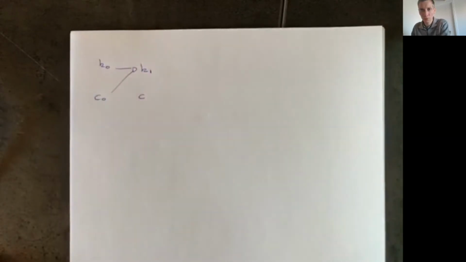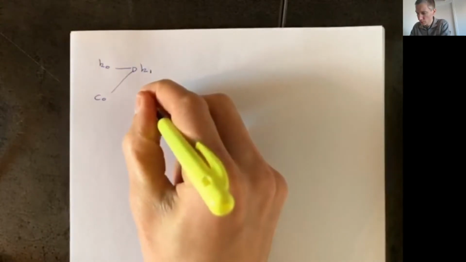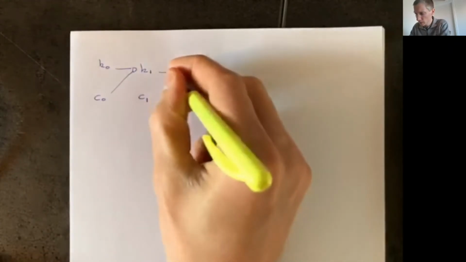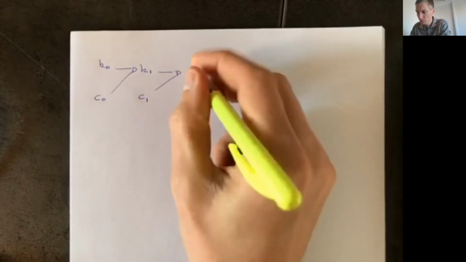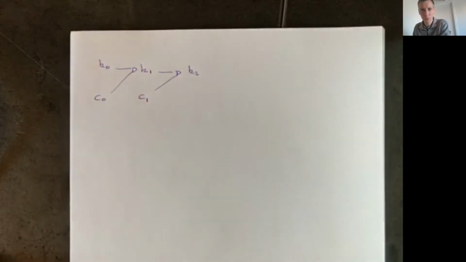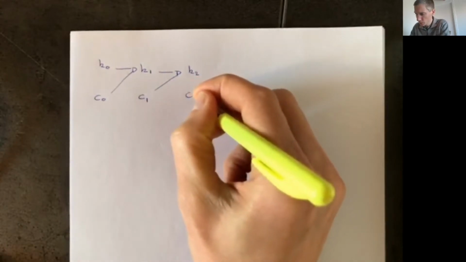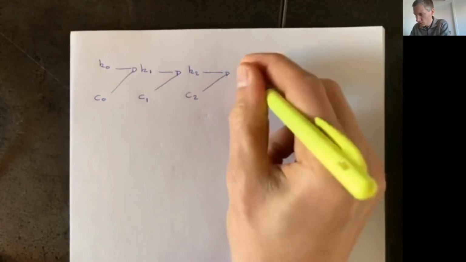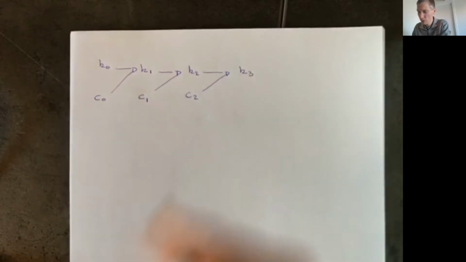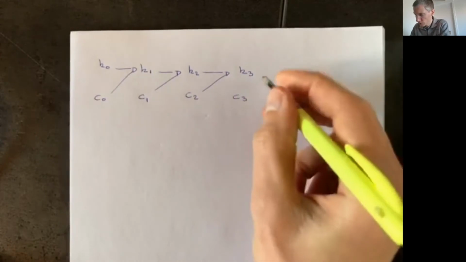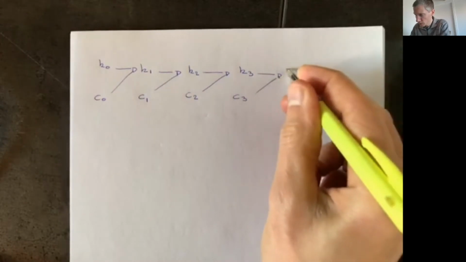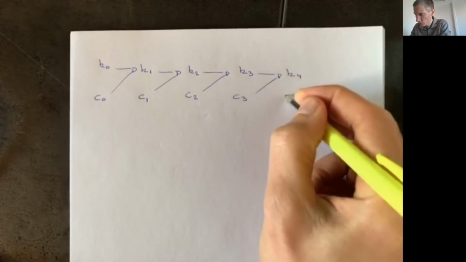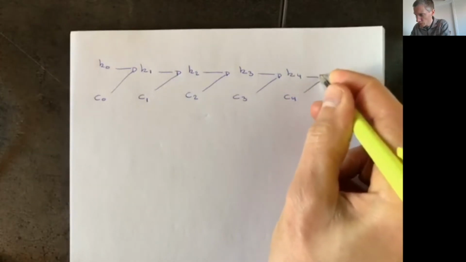Then our optimal decision maker chose the consumption level C1. This gave us the capital stock at period 2. We chose C2. We got the capital stock at period 3. We chose C3. We have the capital stock at period 4. We chose C4, and so on and so on.